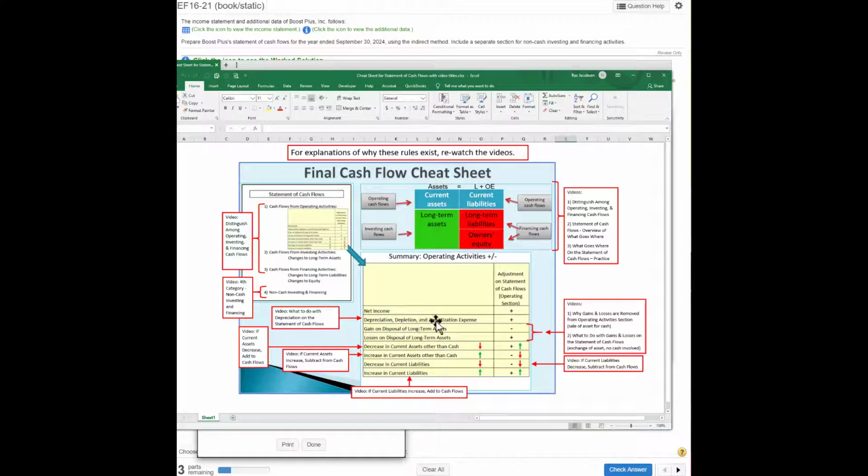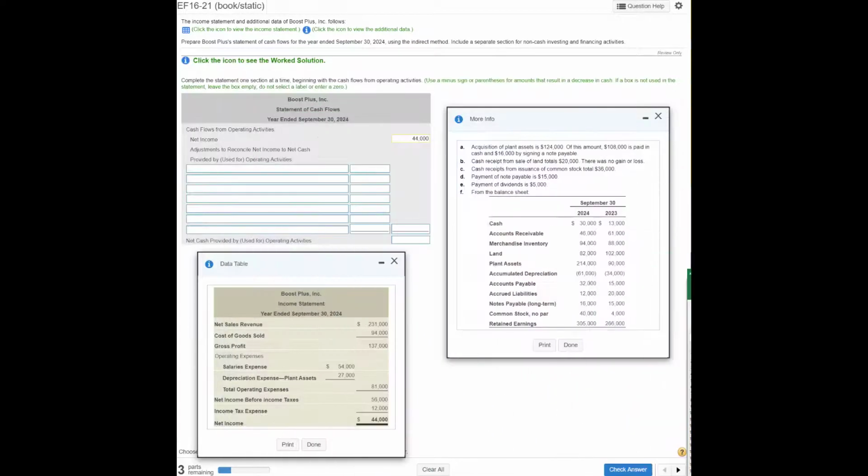Now these will be found on the income statement, and we need to back them out. And because they lower net income, we need to back them out by adding them back in. So let's see how much depreciation this company had. Here we go. Here's our depreciation. 27,000. So I'm going to copy and paste that.